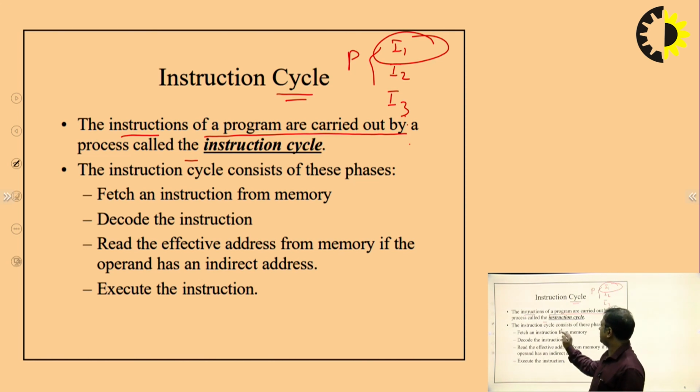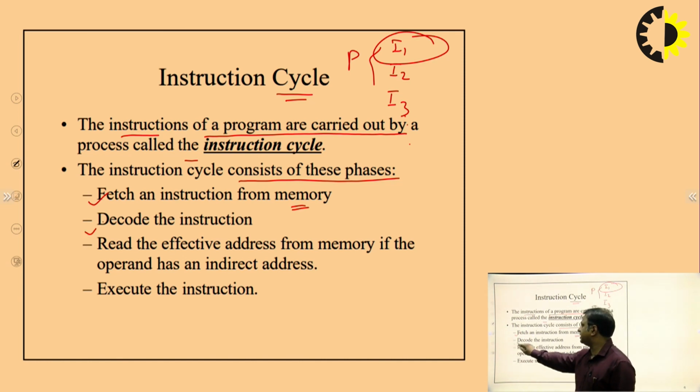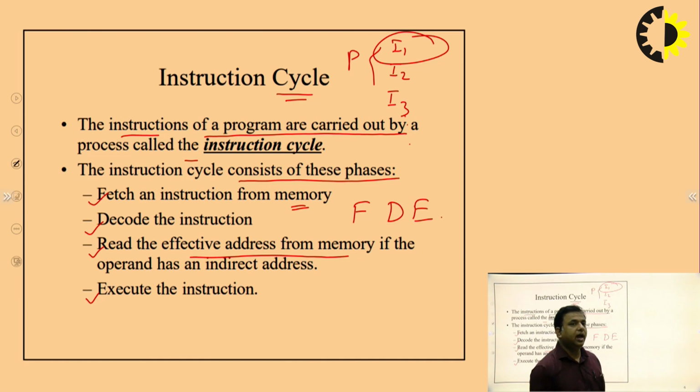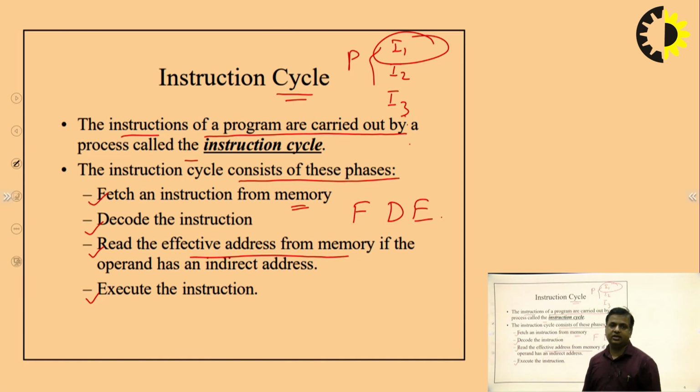So this consists of three phases. Number one, fetch the instruction from the memory; decode the instruction, read the effective address of the instruction from memory; and the third step is to execute the instruction. So basically we have three: fetch, decode and execute. These are the three basic steps to execute an instruction. So how does this cycle complete? Let's see.